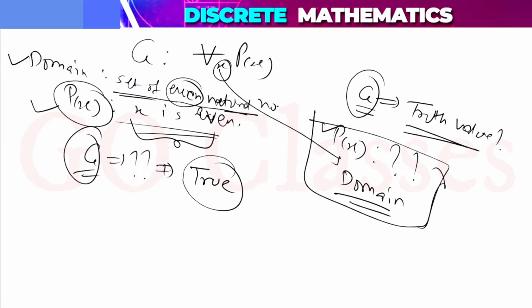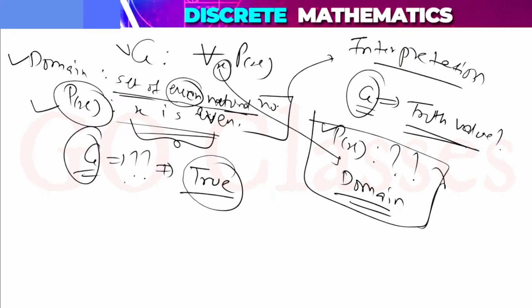So in this interpretation, remember, if you recall the definition of interpretation, this is your interpretation, our formula G is true. Hence I can say this interpretation is a model for G. Are you getting the point? Because in this interpretation, our formula G is becoming true.